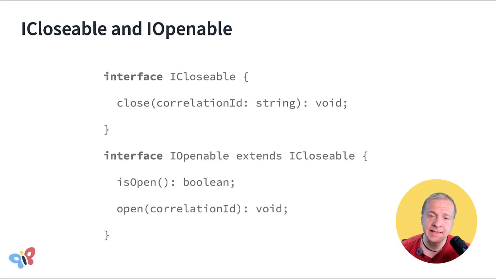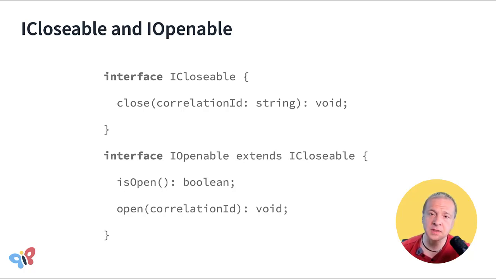For components that need explicit definitions of when they can open connections, close connections and free system resources, there is an openable and closable interface. If components assign resources on demand, they may need only closable interface with close method.